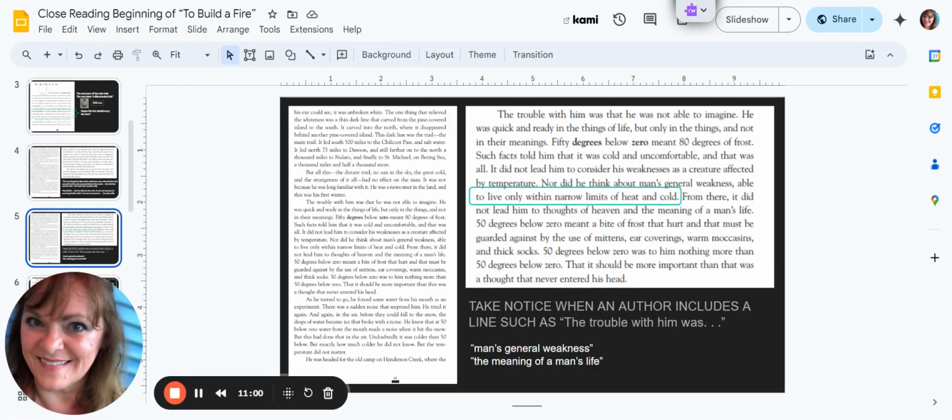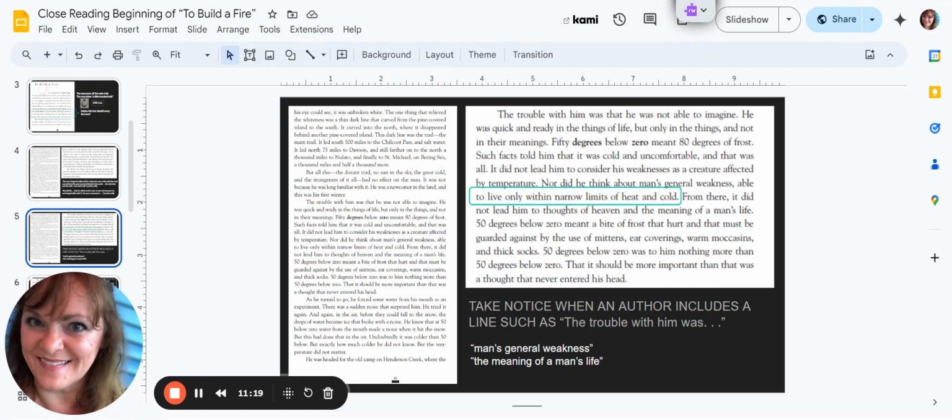He was quick and ready in the things of life, but only in the things and not in their meanings. That's important in this. 50 degrees below zero meant 80 degrees of frost. Such facts told him that it was cold and uncomfortable, and that was all.